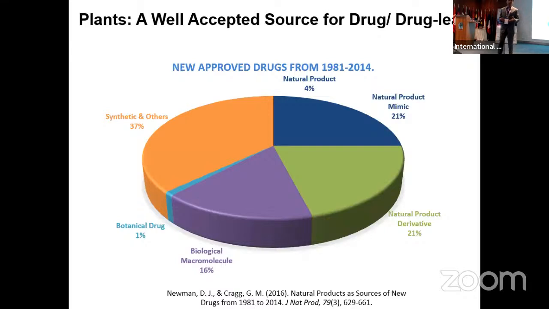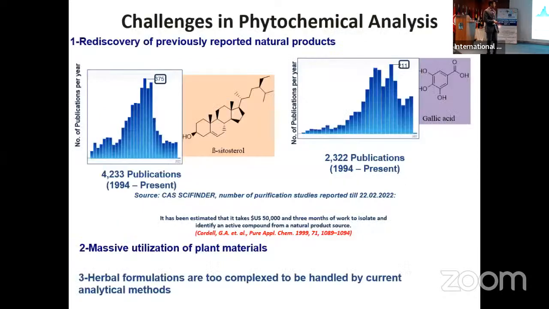Some of them are used as they are for the treatment, and some of them are natural mimics, and some of the derivatives you can see. So this slide highlights the importance of natural products and why it's important to still continue the research or explore new lead molecules from plants or from the natural product.